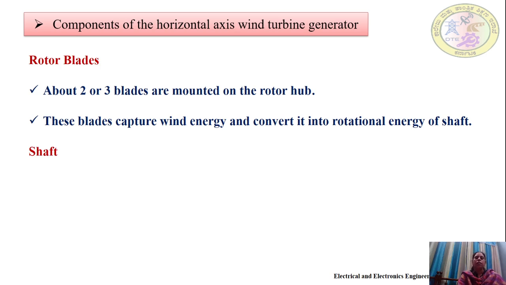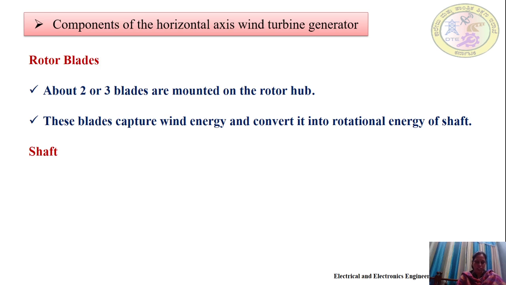Shaft. Horizontal axis wind turbines have their shaft mounted horizontally, that is, parallel to the ground. There are two types of shafts here. One is the main shaft, another is the generator shaft. The main shaft is connected between the blade hub and the input to the gearbox.